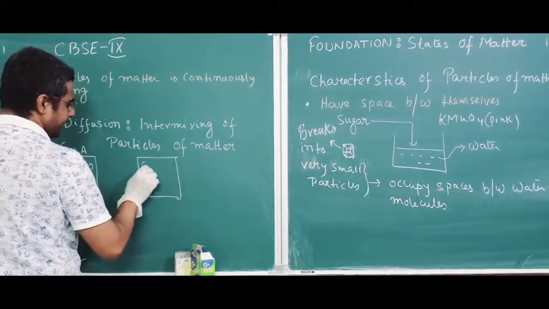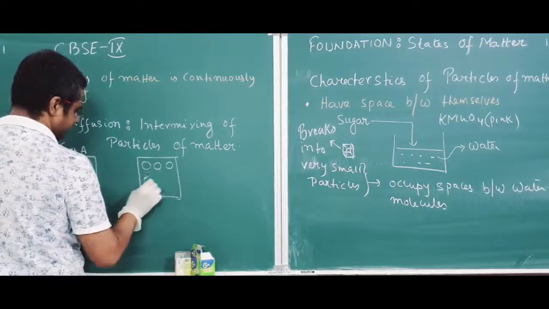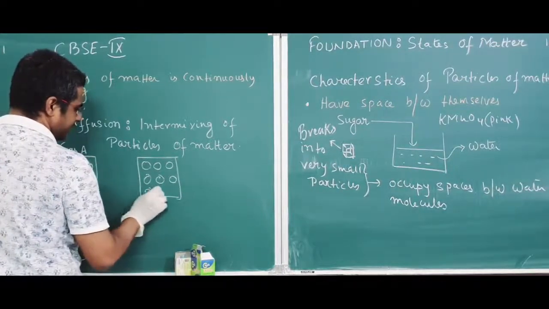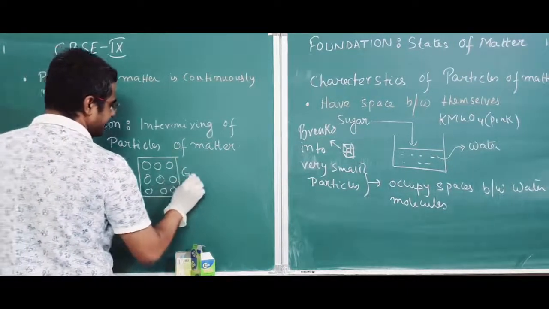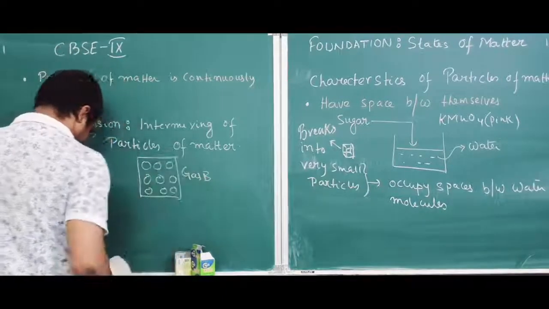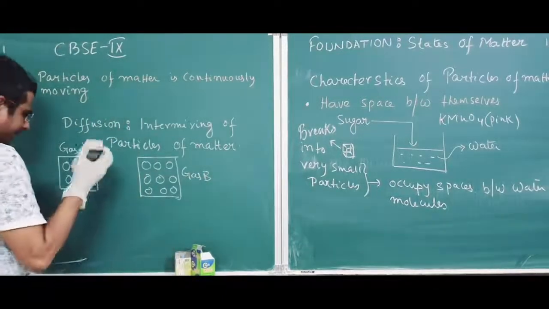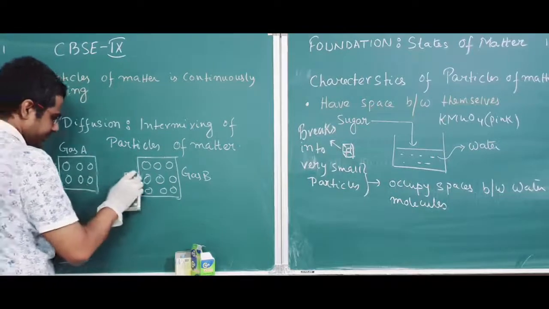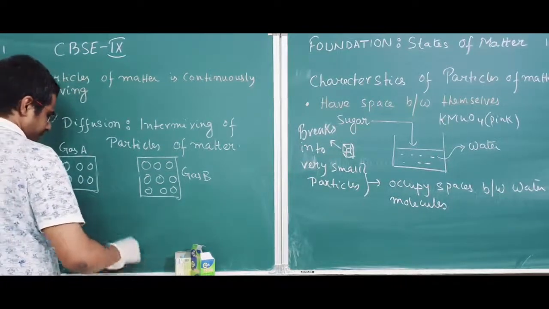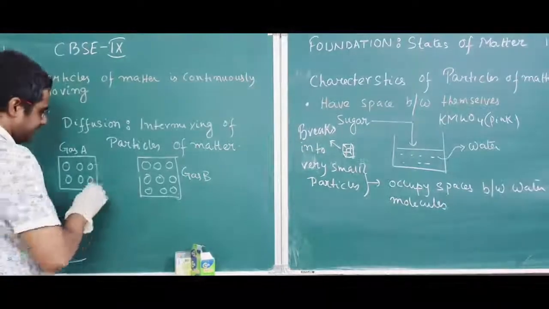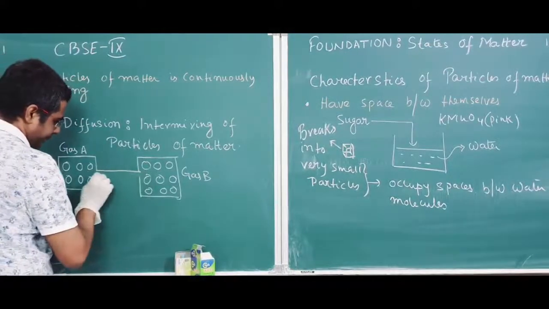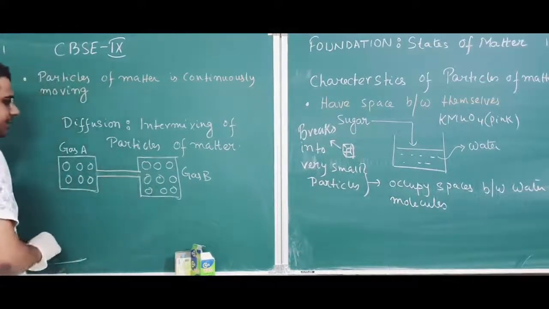It is also having some gas, say gas B. They are happy. Now what I do is I connect these two containers by a pipe like this. After some time what happens?